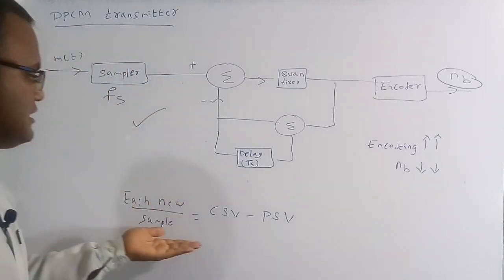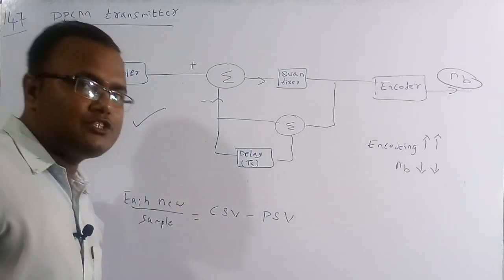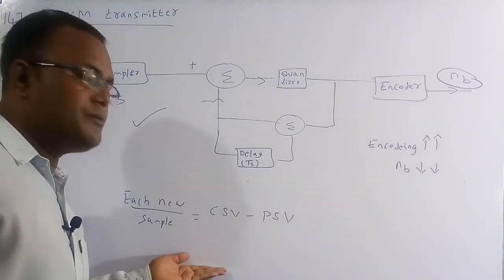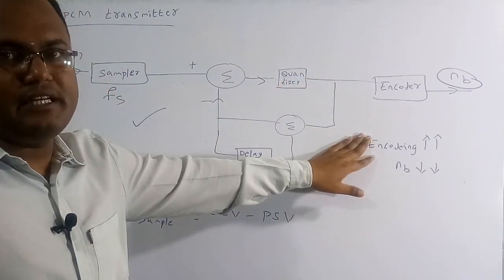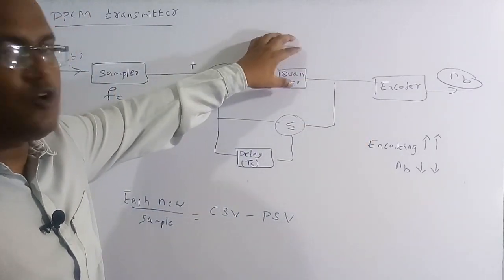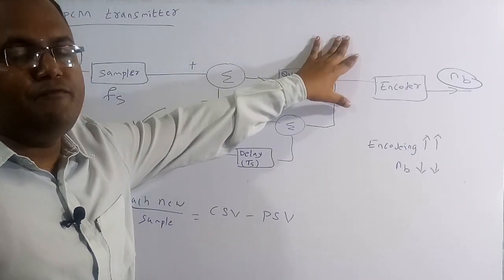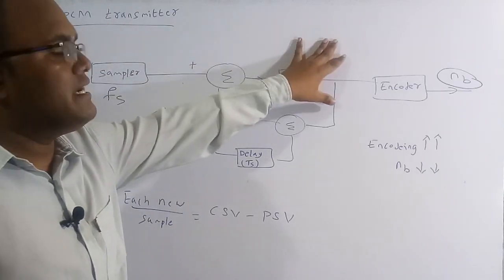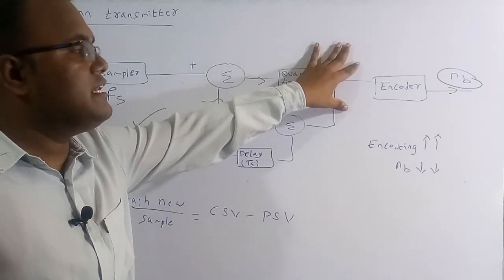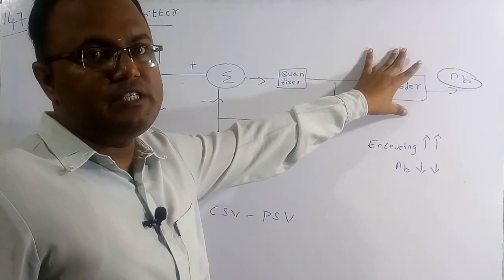And whenever these samples are higher, the difference operations are also increased. So the encoding is also going to improve, because whenever the sampling increases, we get samples which are nearly equal to the standard levels. Then the encoder performance is also going to increase.